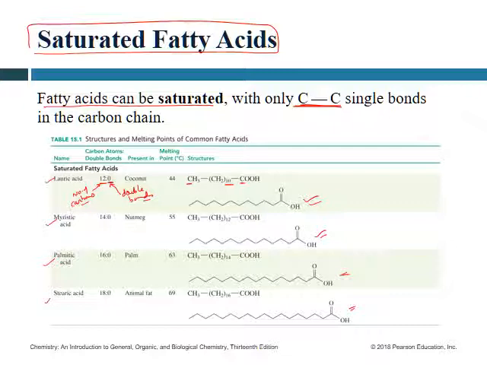Similarly for myristic acid, if I write 14:0, what does it mean? This myristic acid contains 14 carbons and no double bond. So make sure that if you see this kind of numbering, 12:0, 14:0, or some random number like 16:0, you can understand what the first number and second number indicate.